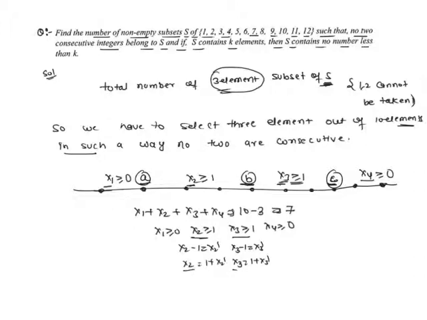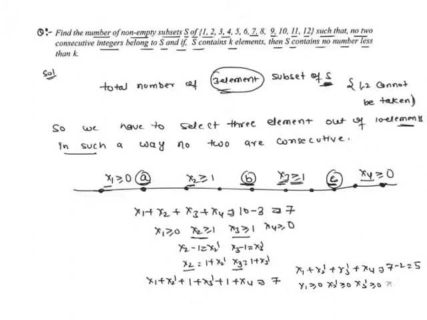Putting these in, we get x1 plus x2 dash plus 1 plus x3 dash plus 1 plus x4 equals 7. So x1 plus x2 dash plus x3 dash plus x4 equals 7 minus 2, that is 5, where all variables are greater than or equal to 0. So the solution of this equation is 5 plus 4 minus 1 C 4 minus 1, which equals 8C3.